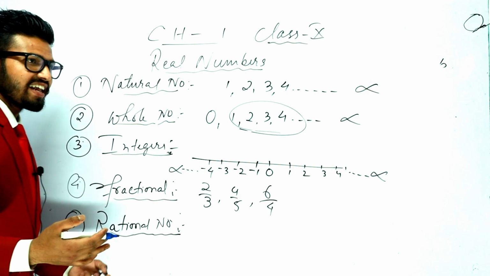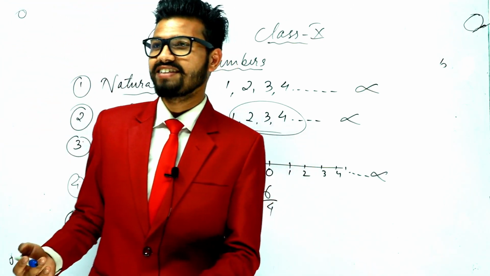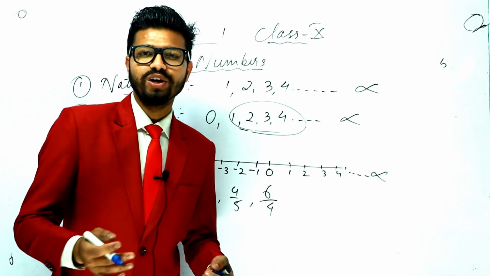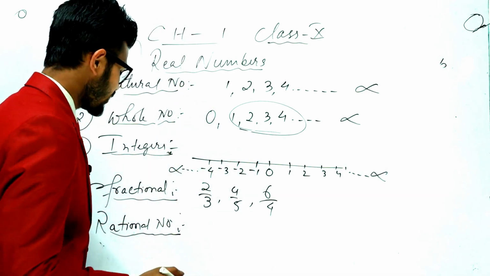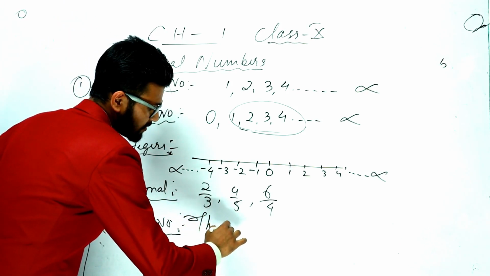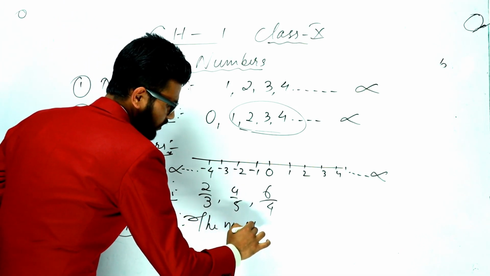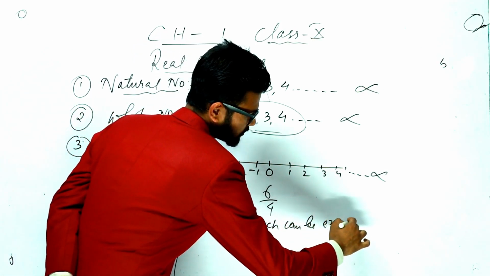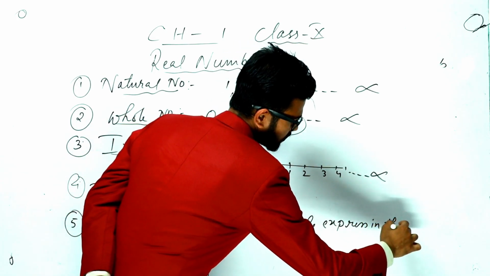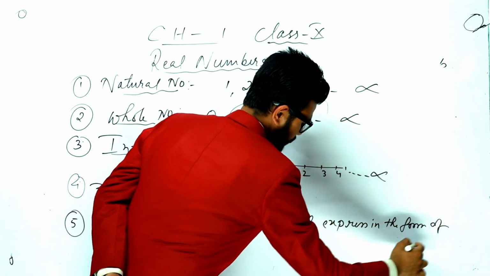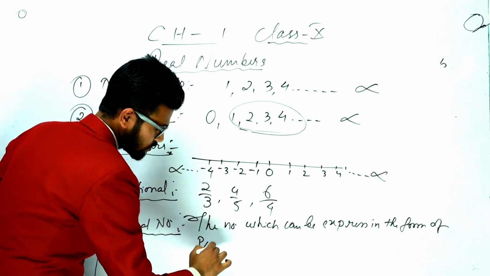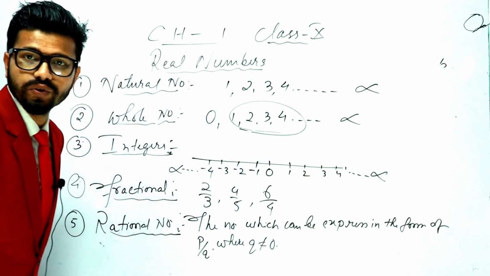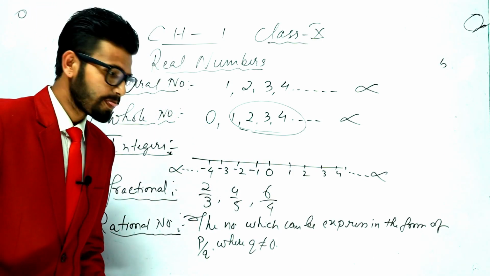As a bookish definition, it says that the number which can be expressed in the form of p by q, where q is not equal to 0, is called a rational number.